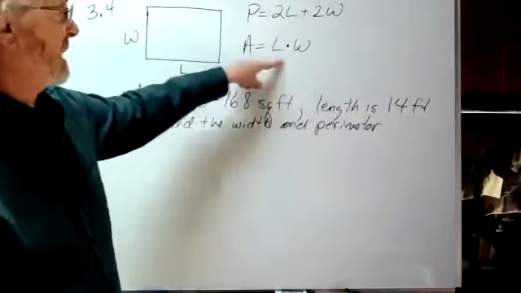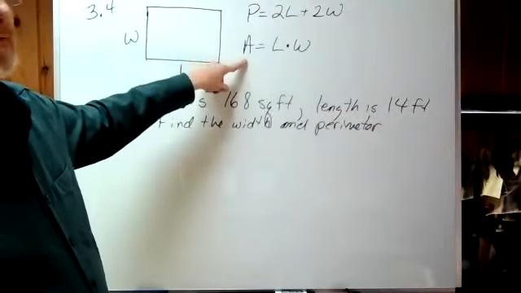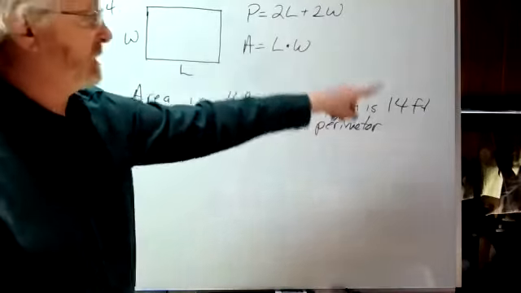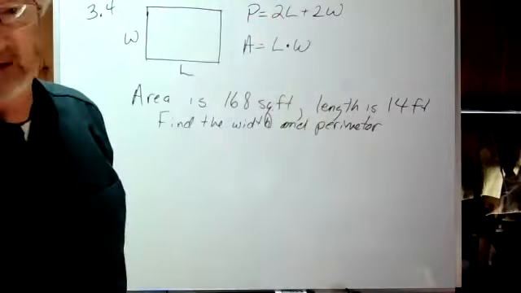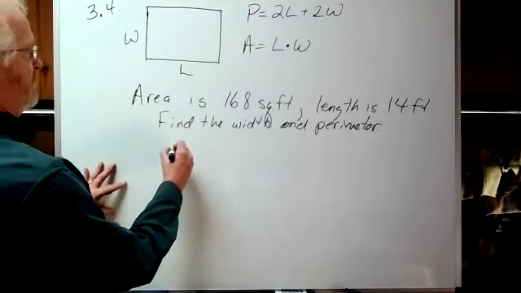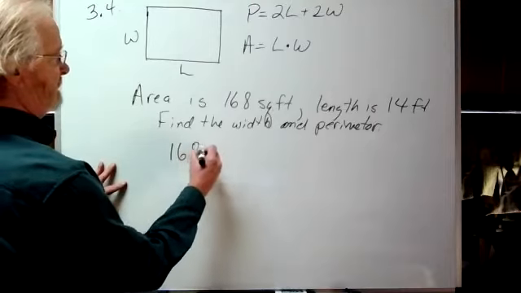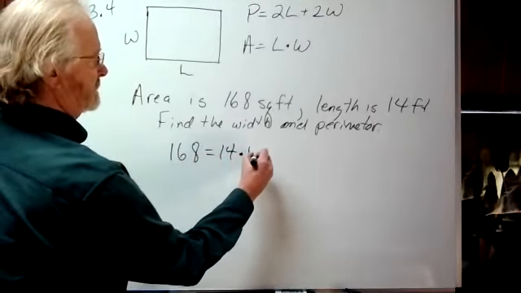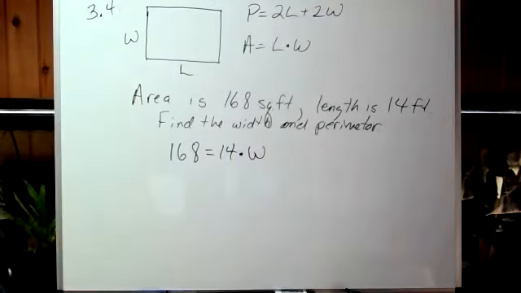So by plugging the values I know into this formula, I can figure out what the width must be. Then I'll know the length and the width, and I can go back and figure out the perimeter. Hopefully that makes sense, huh?